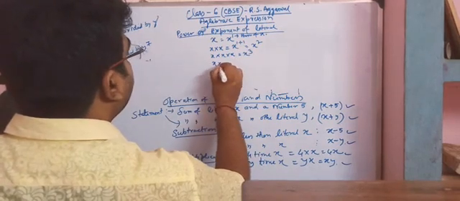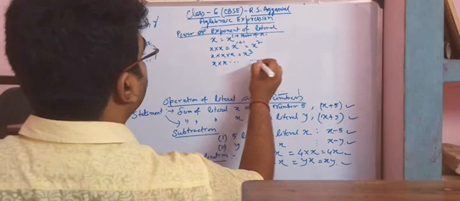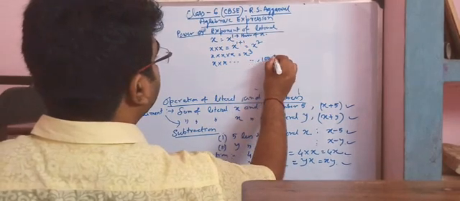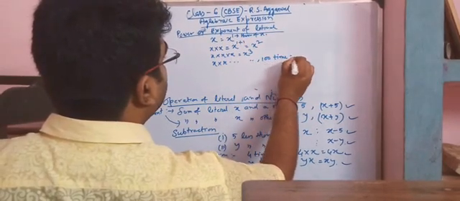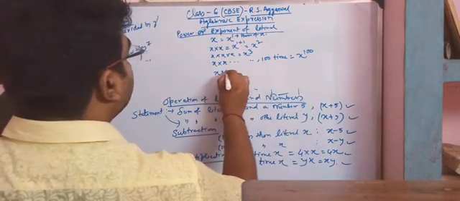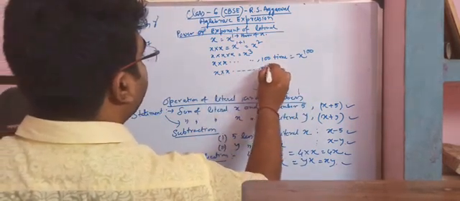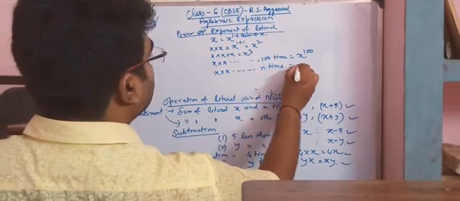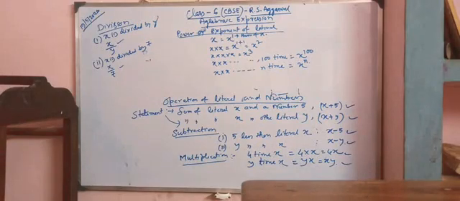If we multiply x into x up to 100 times, the power of x would be x to the power 100. If we multiply x into x up to n times, the power of x would be x to the power n. So these are the power or exponent of literal.